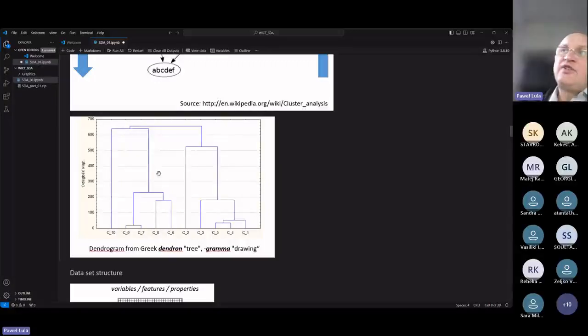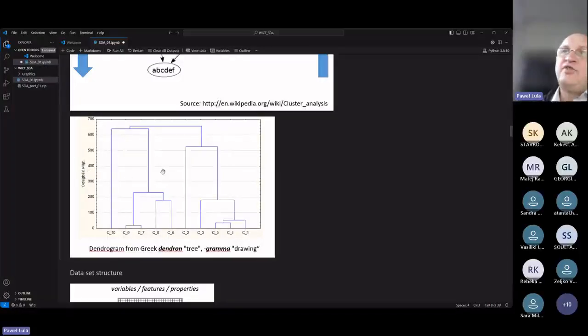And the biggest difference is here, between this merging operation and this merging operation. The difference in levels for these two consecutive horizontal lines here is the biggest. And in this way, we found a level on which we should cut this dendrogram.